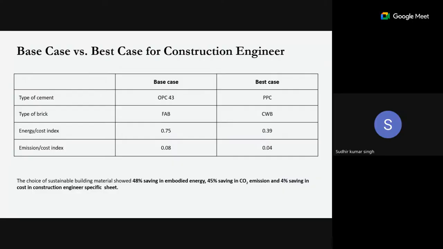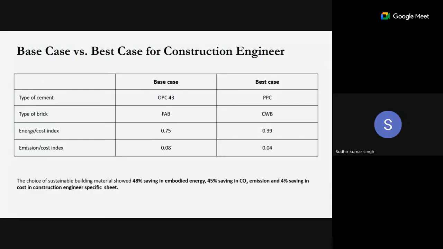So there are two indexes we have calculated here. One is the energy cost index, another one is the emission cost index. I mean, for 1 unit cost, how much energy I can reduce and how much emission I can reduce. I have to decide whether budget is my constraint or emission is my constraint. This scenario comes when I want to take my building to certain certification.